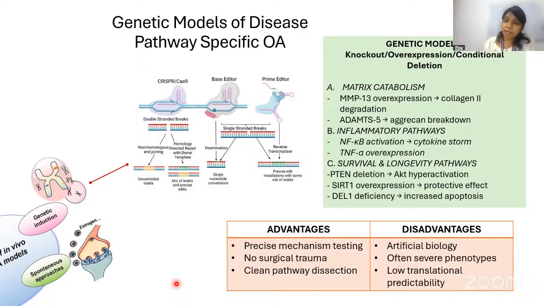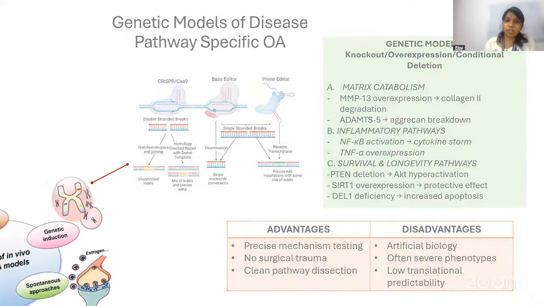So you know the precise mechanism that you're testing. There is no surgical trauma involved here. There is a very clean cut pathway dissection, but however, again, it's artificial, and there are often severe phenotypes and low translational predictability with these models.